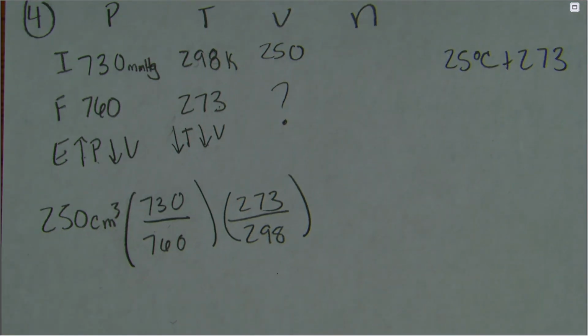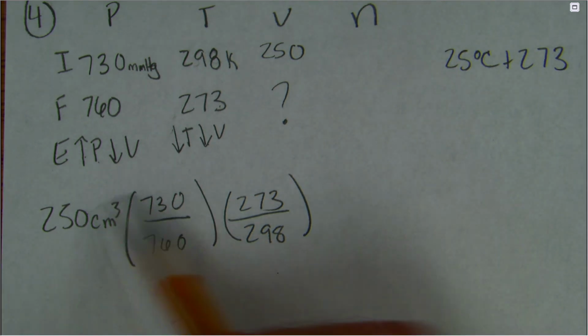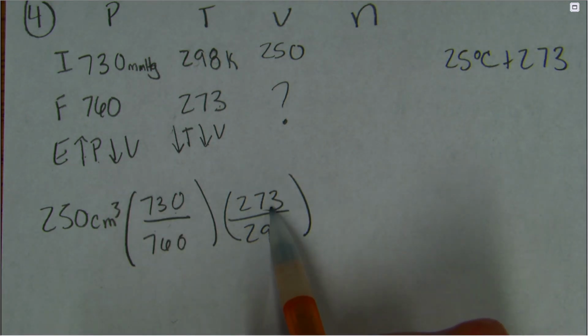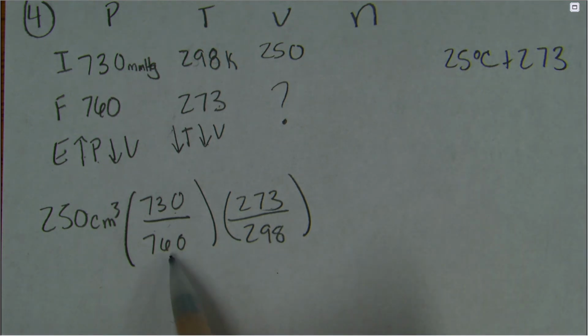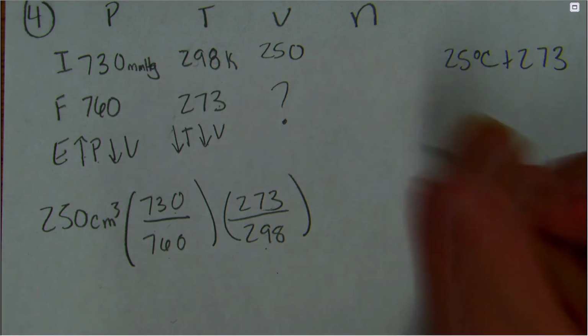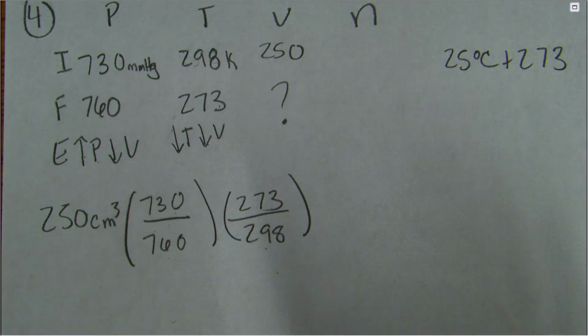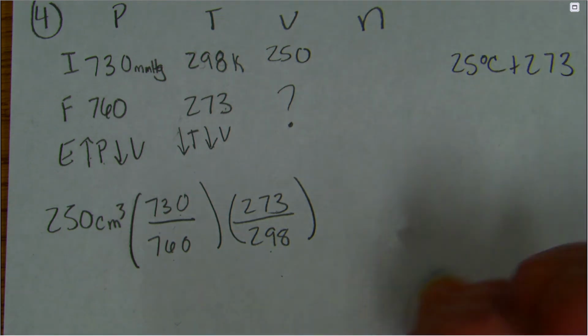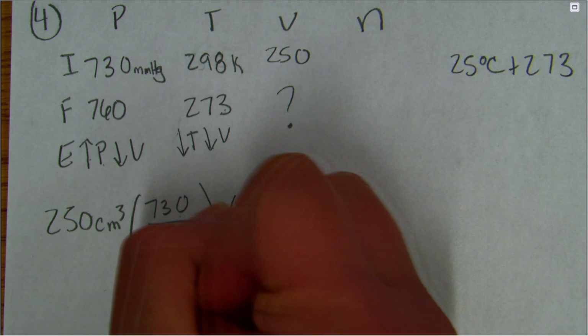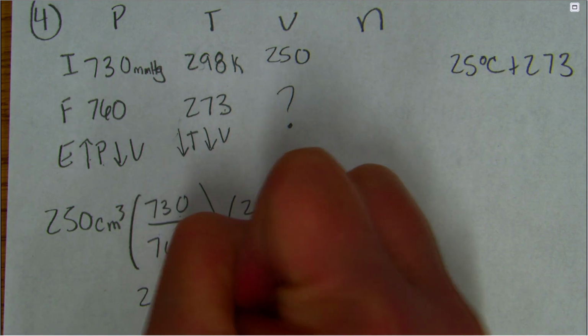So at this point, I can now solve 250 times 730 times 273 in parentheses divided by another parentheses 760 times 298. So when I put this into my calculator, I get 219.98.